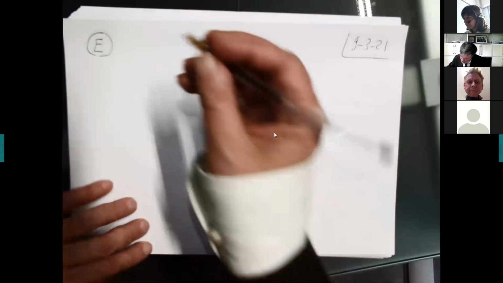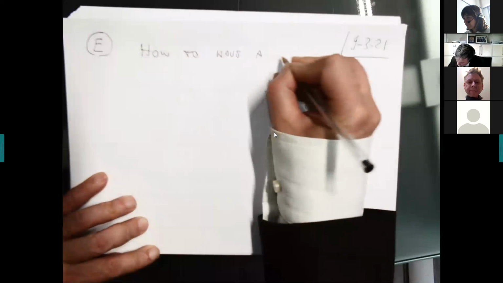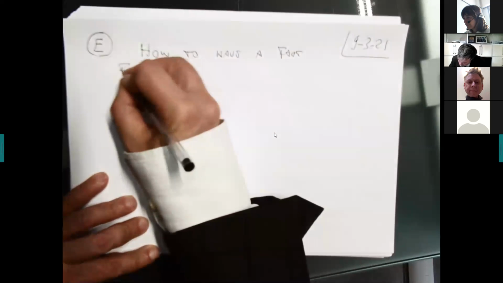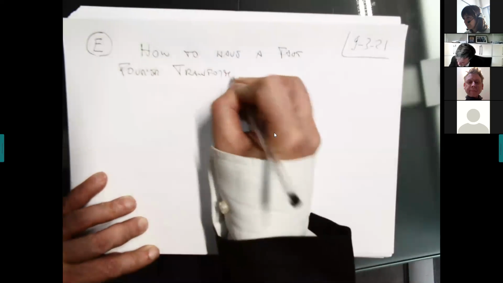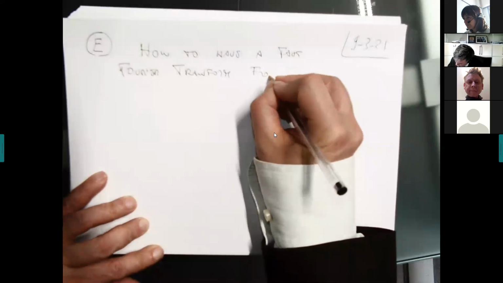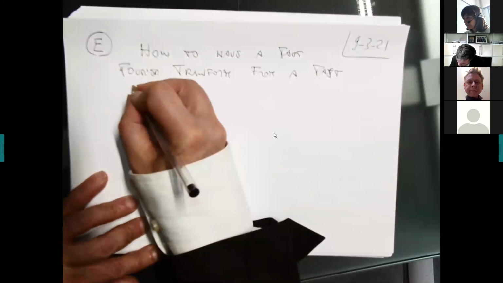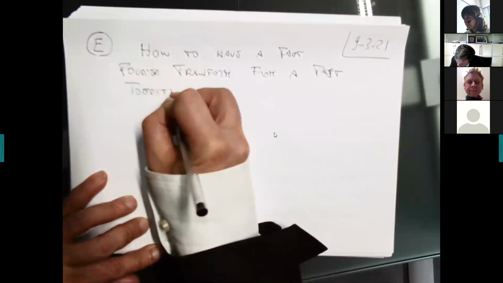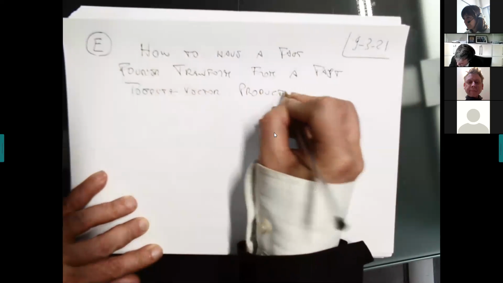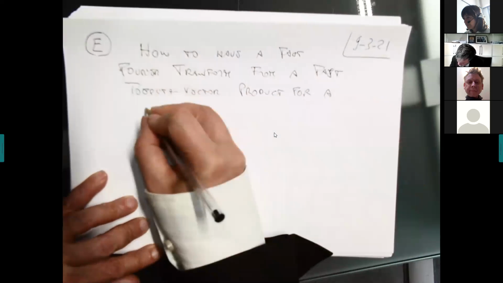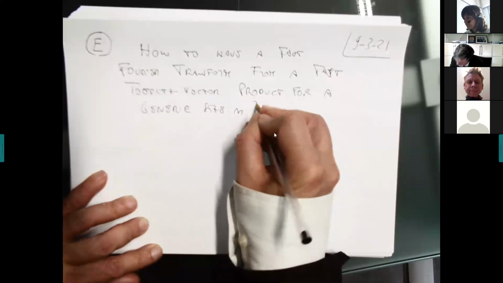So now, how to have a fast Fourier transform from a fast Toeplitz vector product for a generic size n.